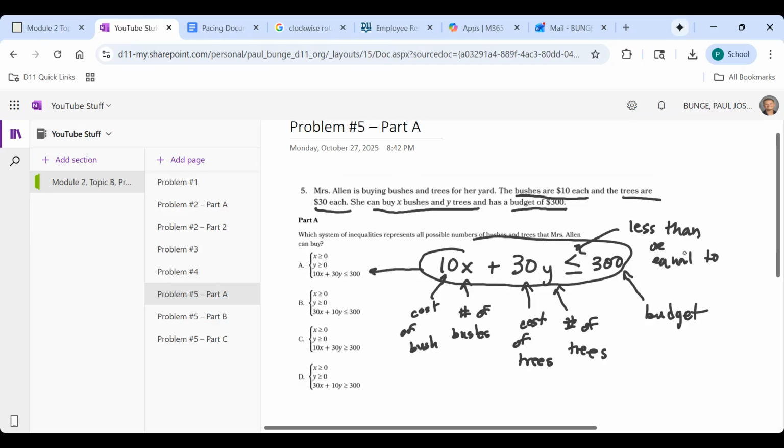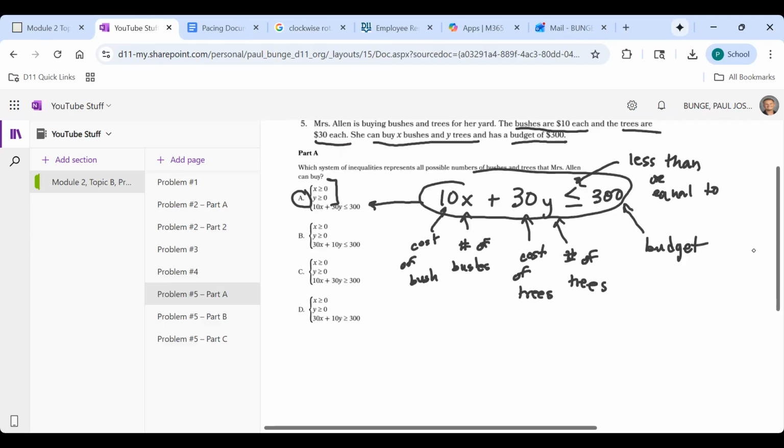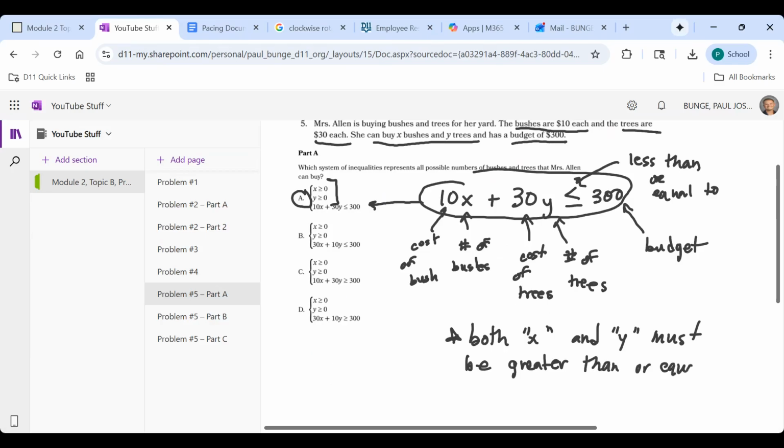So we know that A is going to be our answer, but let's take a look at these two because they're in every single option as well. The reason those are included is because both X and Y must be greater than or equal to 0.